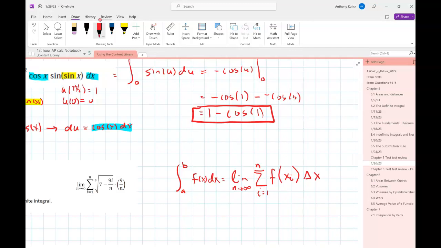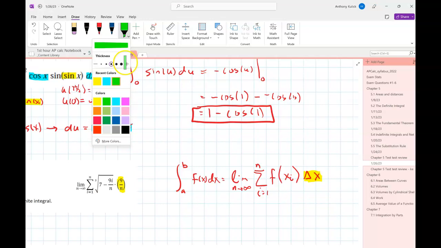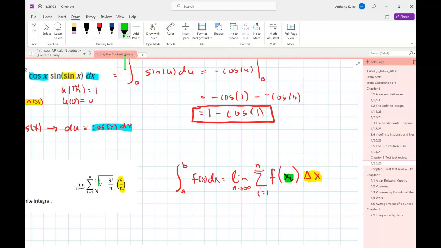That's my starting point. What I'm going to notice is that this piece must be my delta x, this piece must be my x_i, and this piece must be my f. Is that okay, Mackenzie? Okay.